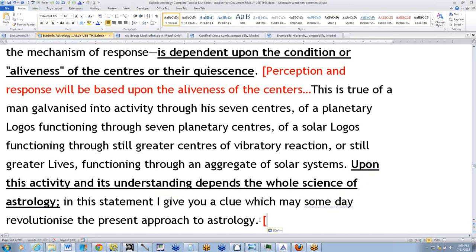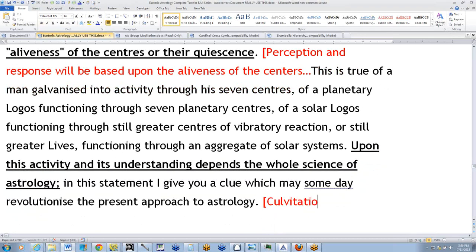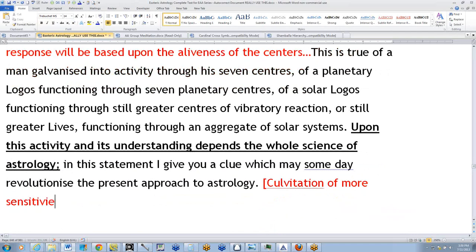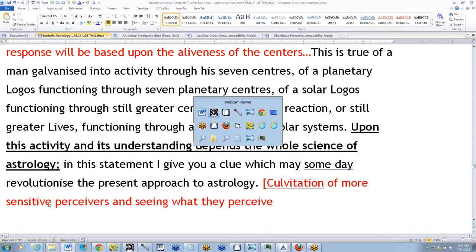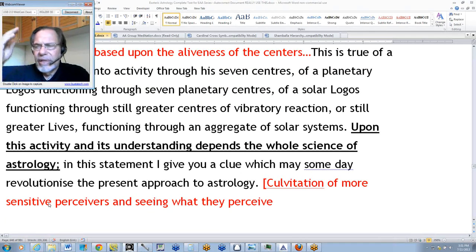And I think it will have to do with the cultivation of more sensitive perceivers and seeing what they perceive. Sensitive, because we might be able to take three Aries people, let's say, using that as the first sign, at three different stages of evolution, and we might see what each of them can register of the rulers associated with that sign, and the level of registration.